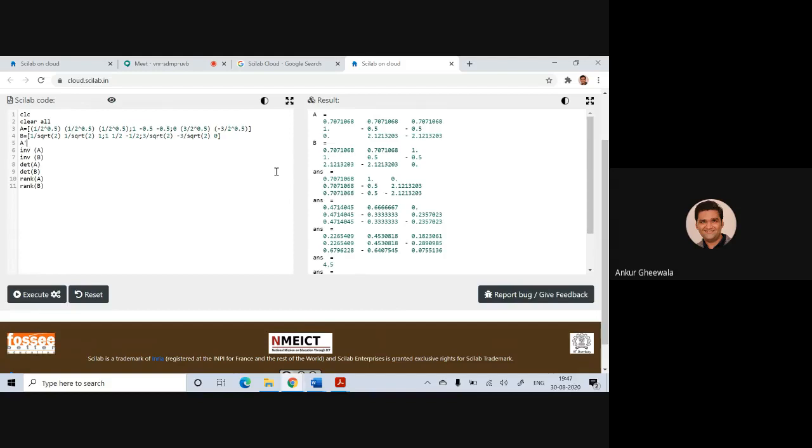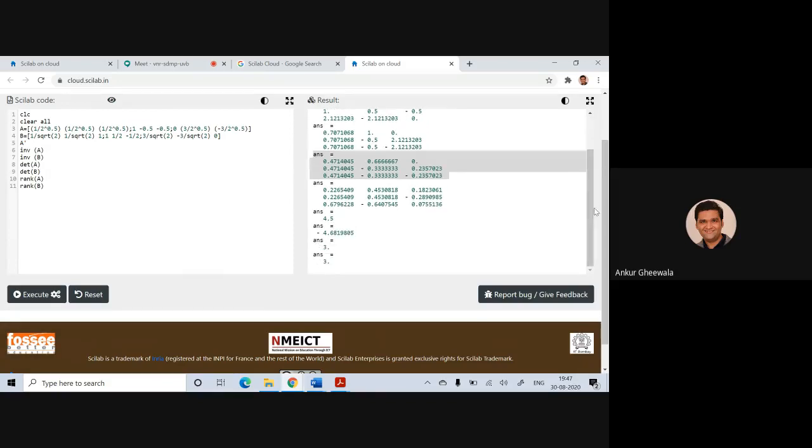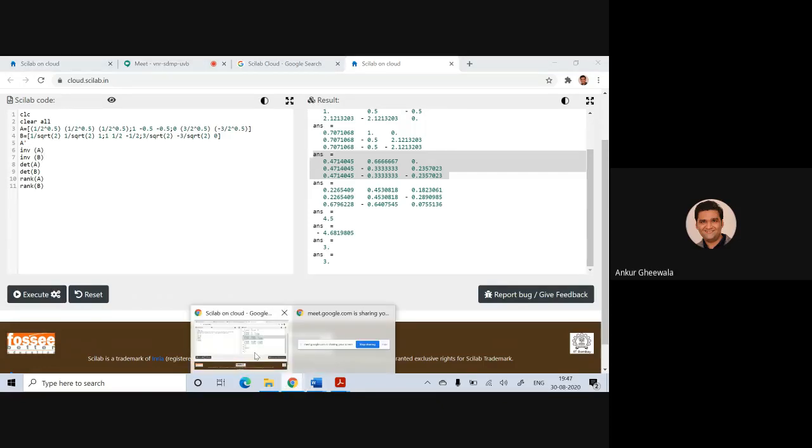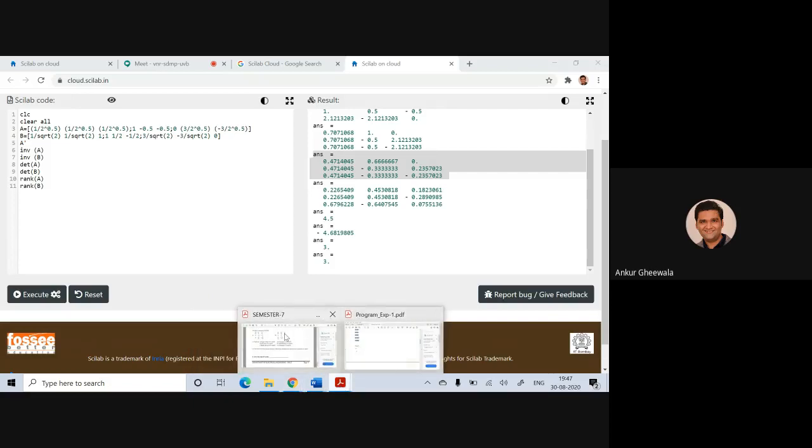Now the inverse operation can be done by inverse of A. So this is the answer of inverse of A and inverse of B. Then determinant of A, you can find out each and everything by using these commands. Okay, so that's it. After that, you can make the conclusion for this experiment.